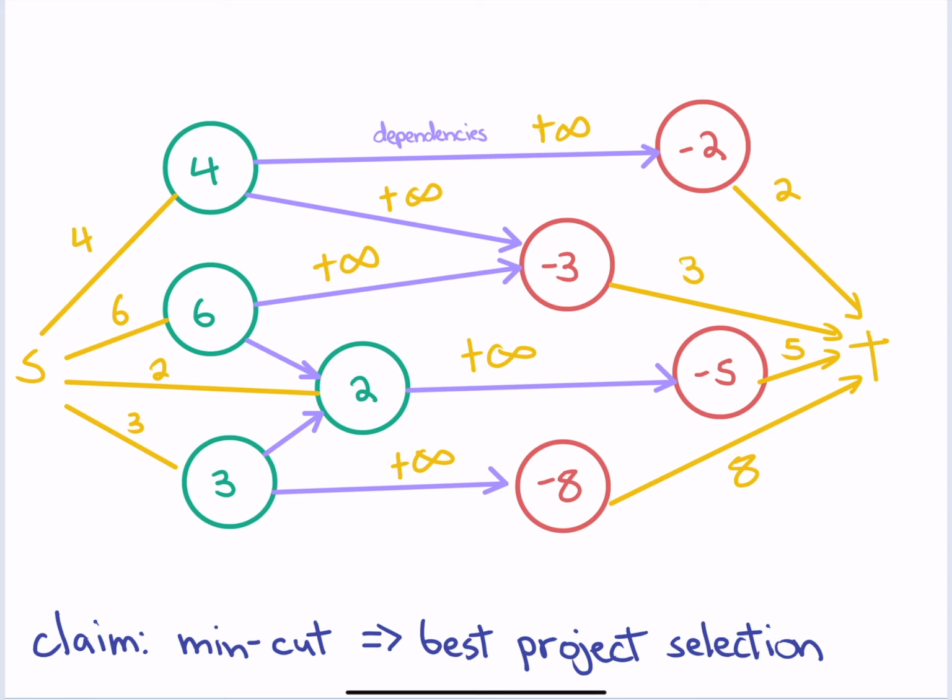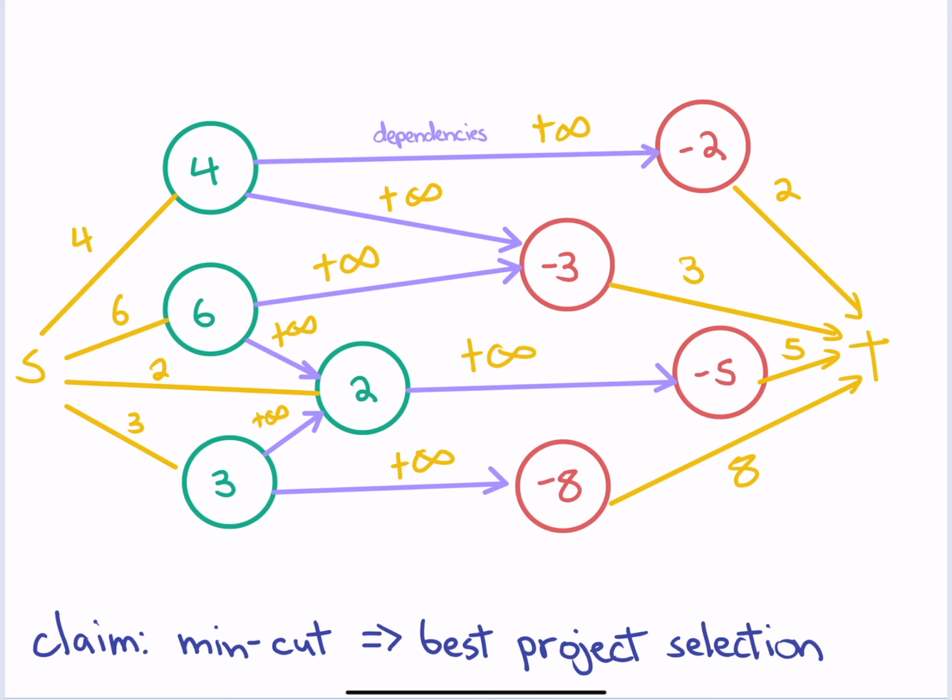And for every project that's a cost, that's a negative number, I make an edge from that project to the sink with a capacity equal to that negative number negated, the cost as a positive number. So -2 now has an edge to t of capacity 2 and so forth. And the dependencies we treat as edges with capacity positive infinity.